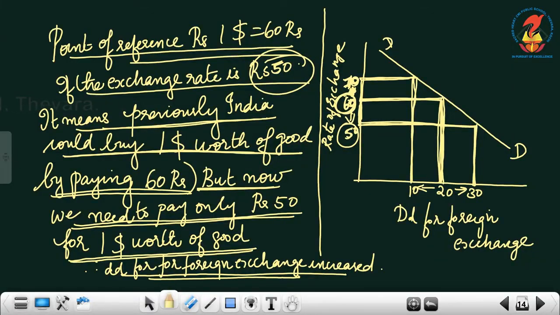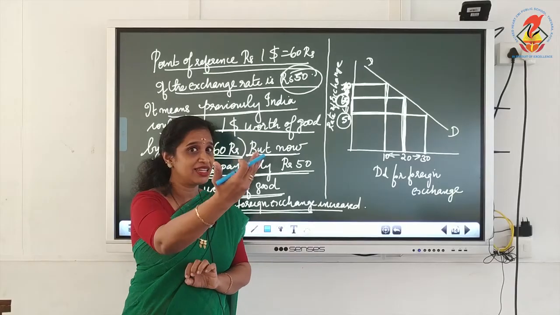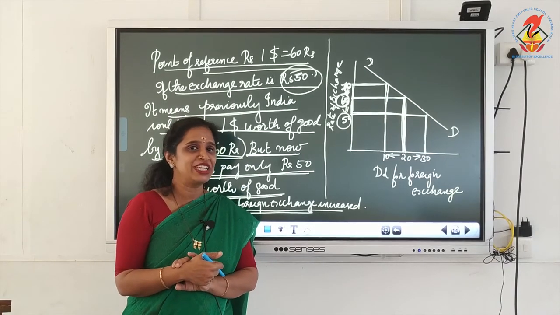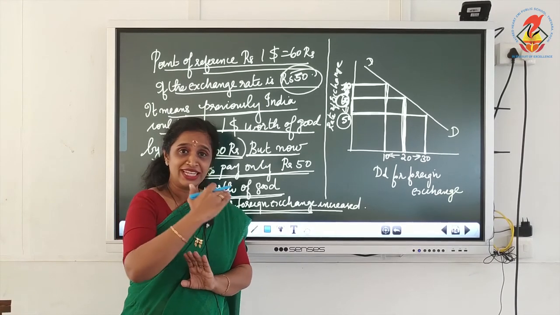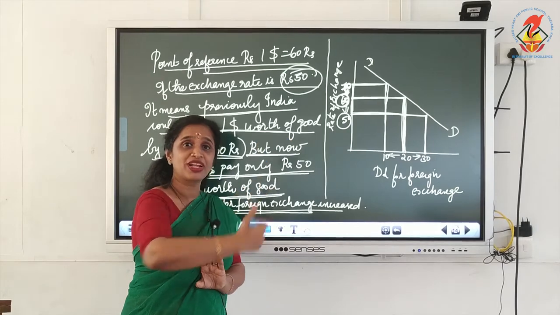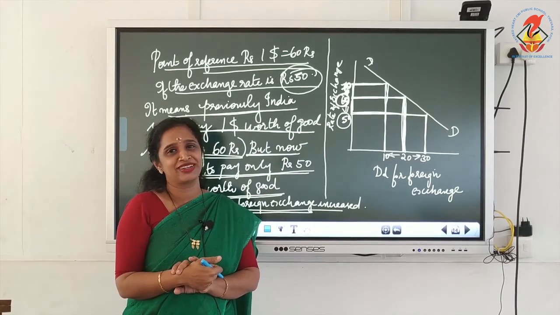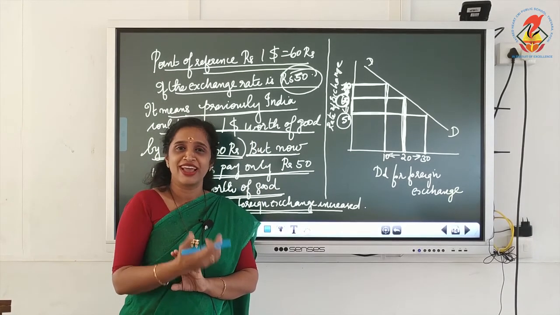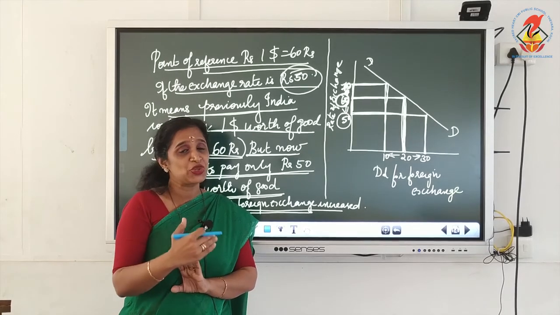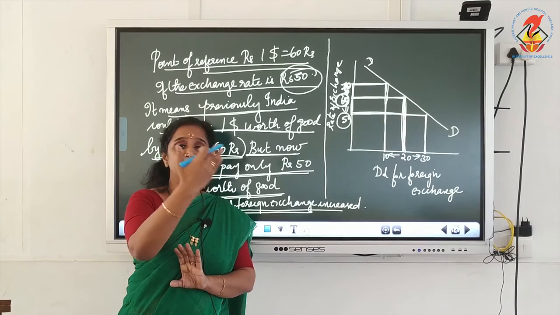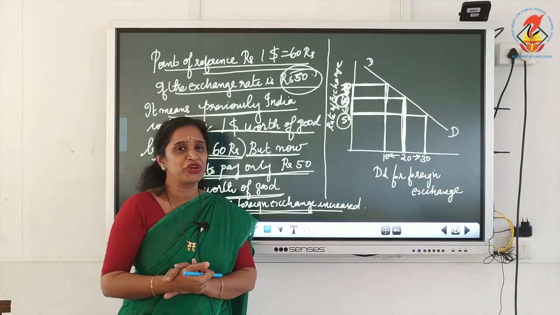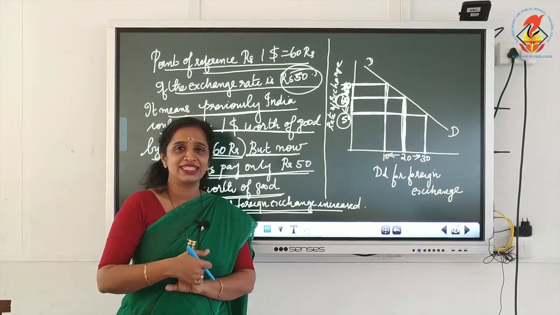There is no matter of confusion here because there the concept is shifting the demand curve from the existing demand curve. A demand curve will be there in the market. From that, it is represented as a rightward shift of the demand curve. That concept is different and this is also different. That shows the shift of the demand curve. Therefore, due to the shift of the demand curve, a new equilibrium point will be maintained and the exchange rate will rise.